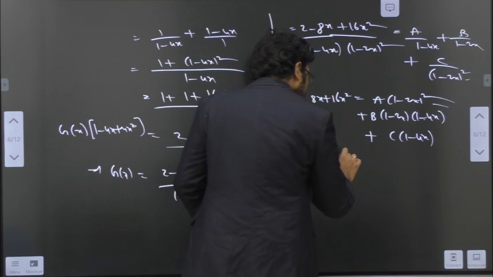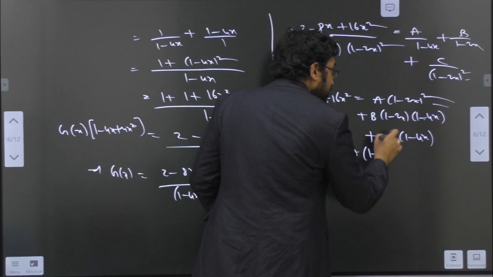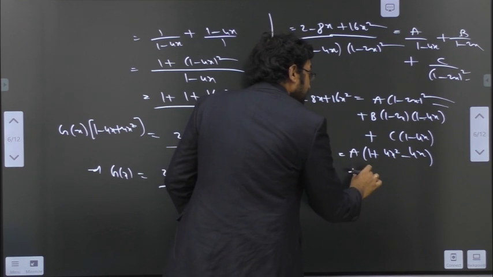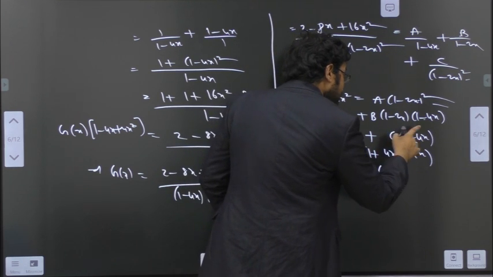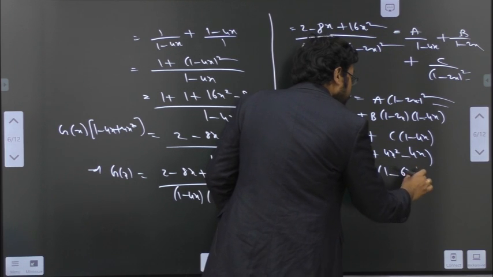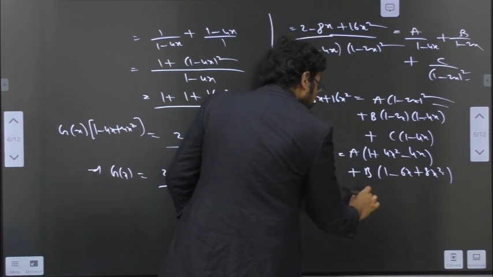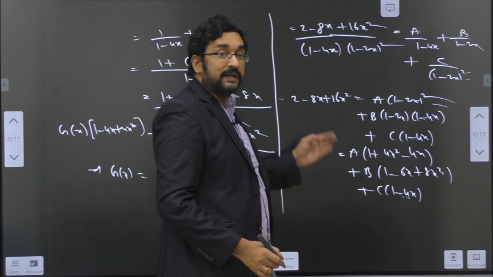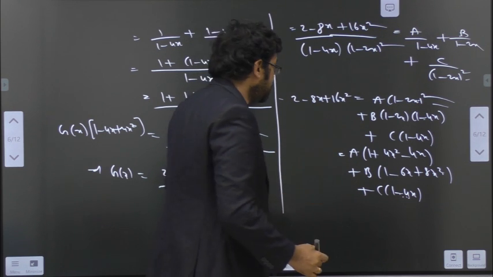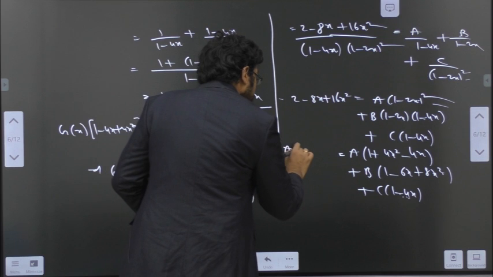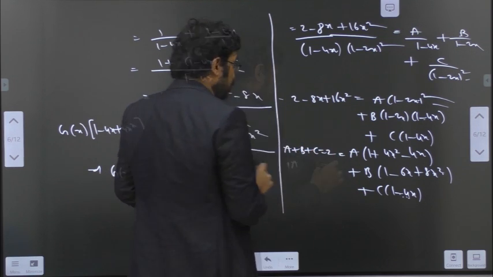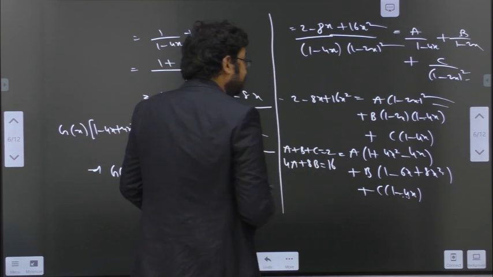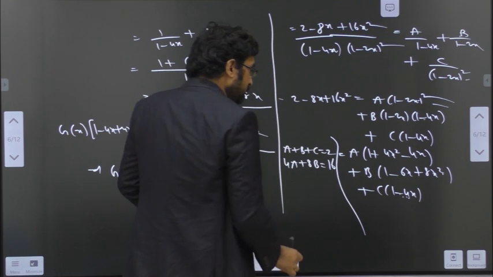So if we multiply and expand it, a into 1 plus 4x square minus 4x plus b into 1 minus 6x plus 8x square plus c into 1 minus 4x. So comparing constant terms, x coefficients and x square coefficients, we will get a plus b plus c equal to 2, and 4a plus 8b equals 16.